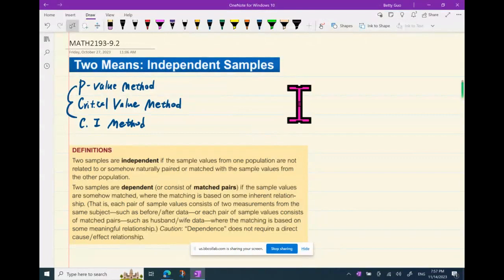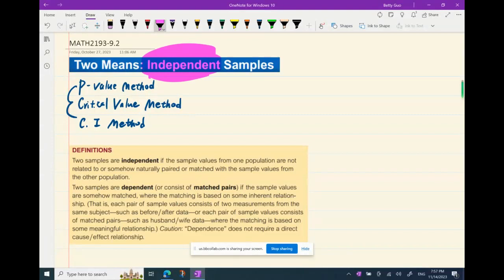So the samples we got from the two populations would be independent as well. So here, independent sample, because later on Thursday, section 9.3, we are going to learn dependent samples would be different.